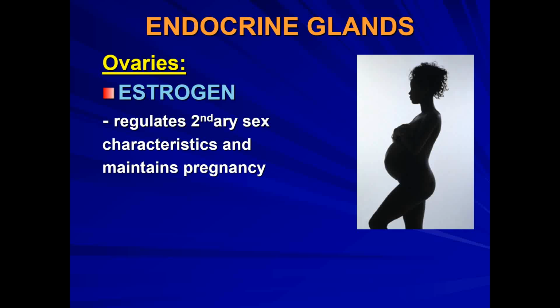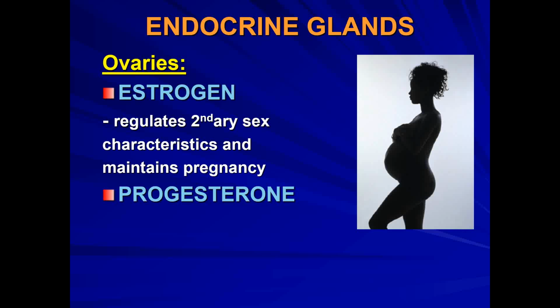As a girl becomes a woman during puberty, there are certain changes in the body, and those are secondary sexual characteristics. We think of breast formation, widening of the hips, hair growing in the axillary region, hair growing in the pubic region. Those are going to be controlled by estrogen.